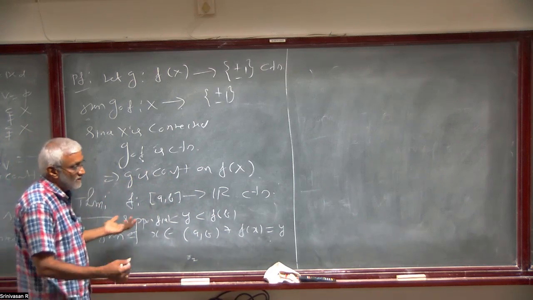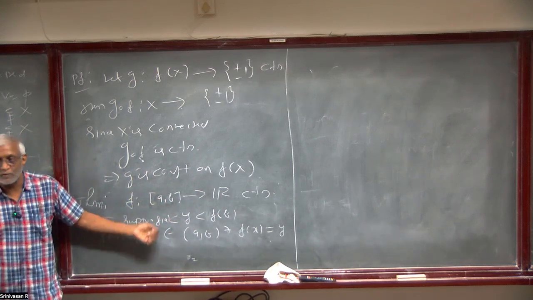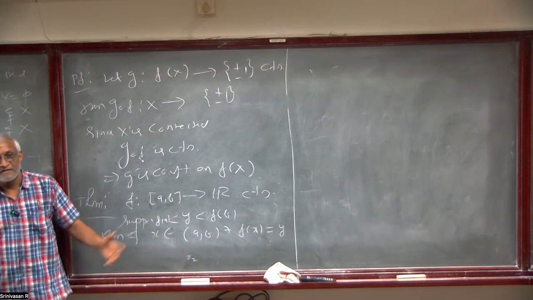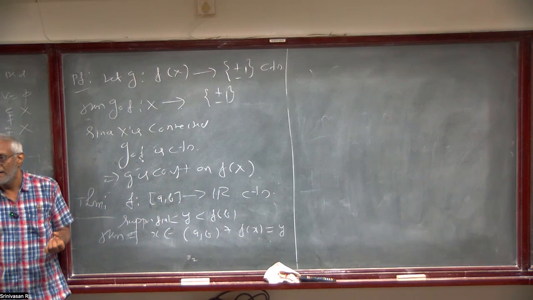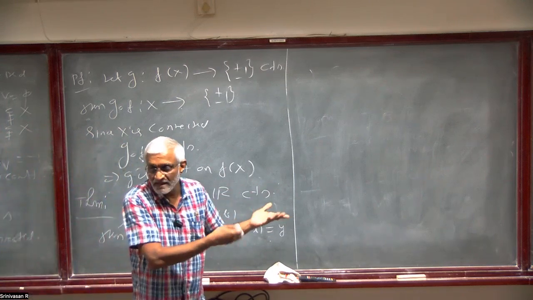And this intermediate value theorem is of course very important. Without that, I don't see how you can say that there exists the nth root of some real number. There are many theorems which you can prove.